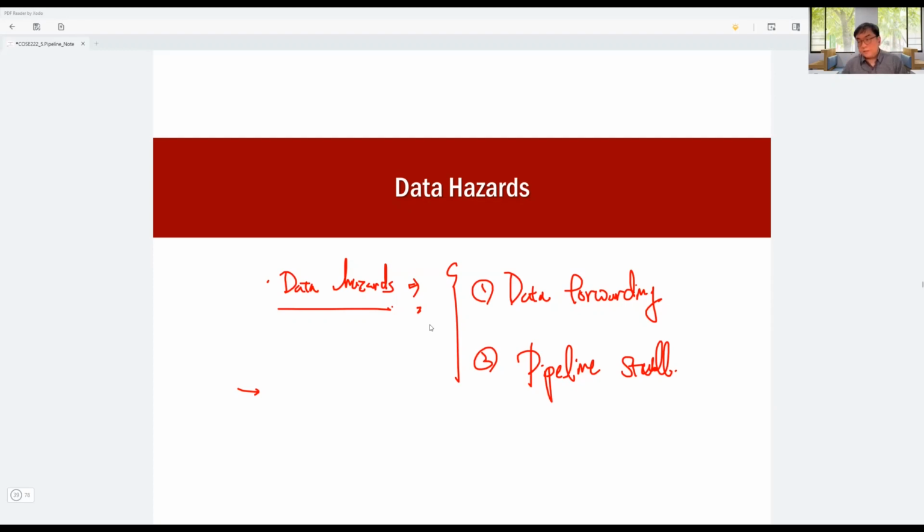So the next instruction cannot be performed by the ALU because the operands are not ready.